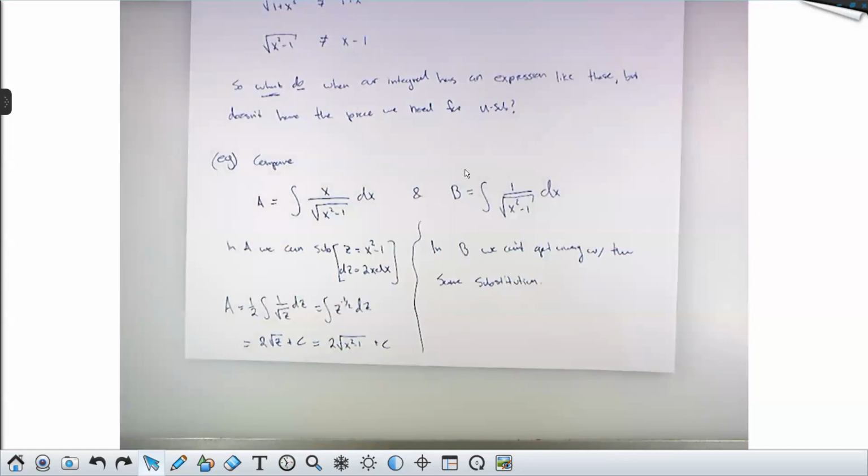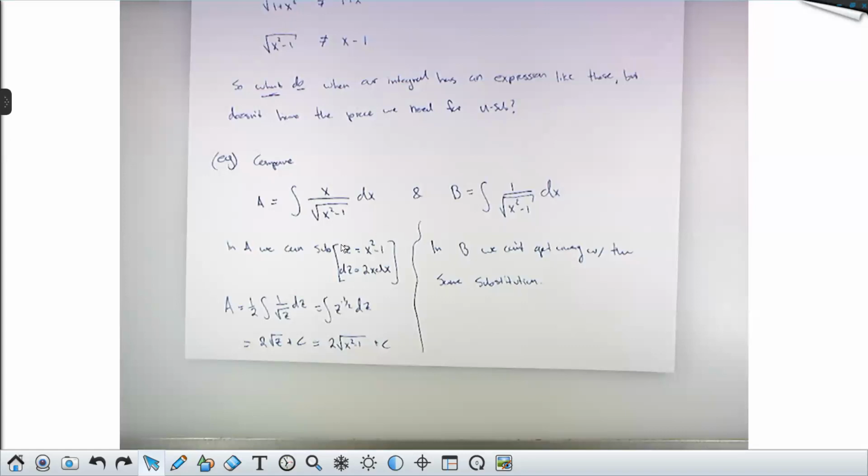I did just kind of make this up on the spot, but I'm not aware of any similar substitution that will crack the integral B. And this is where trig sub comes in. Nice thing about trig sub, like we talked about last week, it's a backwards substitution.